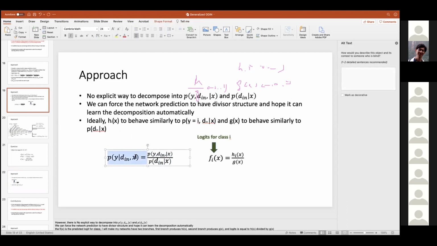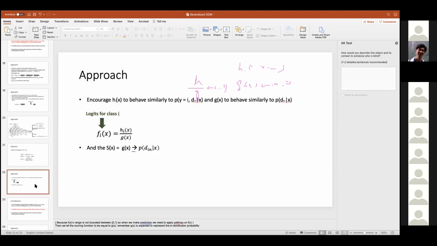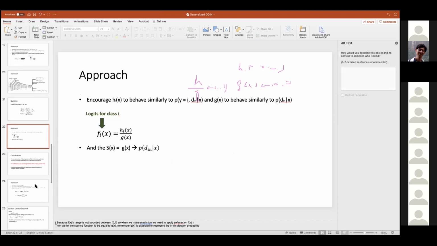Because the softmax is for this probability, not for this conditional probability. So the only rationale is that if they form such a division form, g(x) is supposed to be the probability of x pointing to the in-distribution.